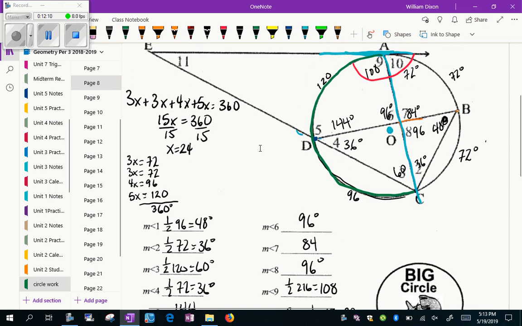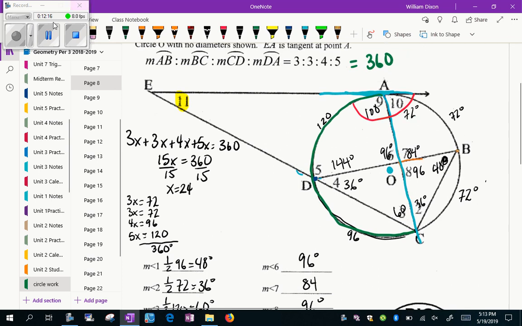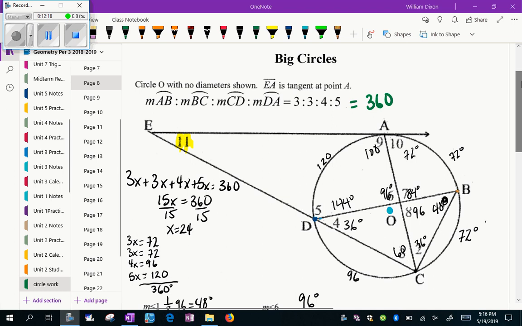And 11 is outside of the circle. And so we know when we have an angle outside that it's going to be formed by, I just want to highlight this. I kind of cleared out some space for us so we can see it a little more clearly. All right, so it's going to be formed by that major arc minus the minor.